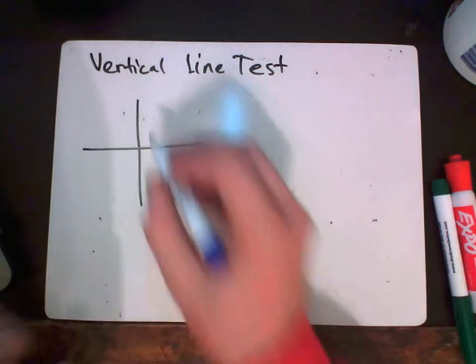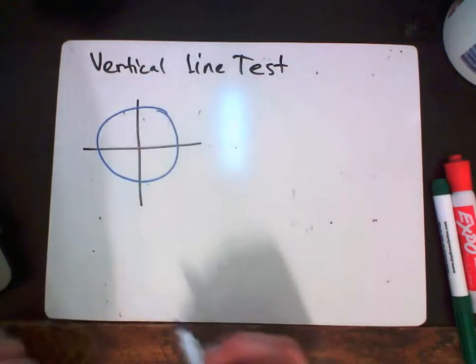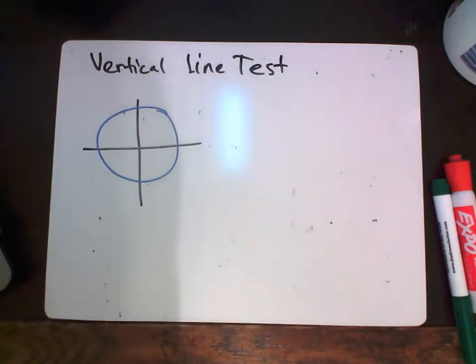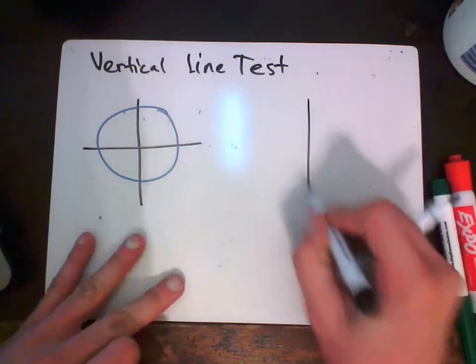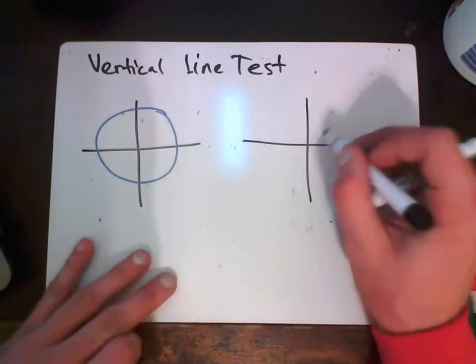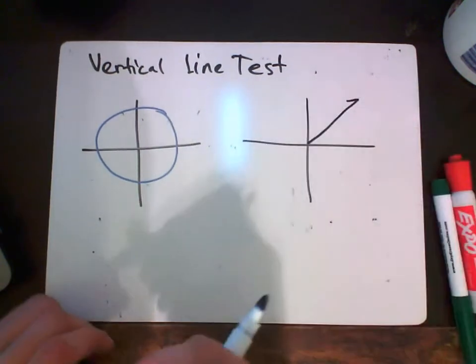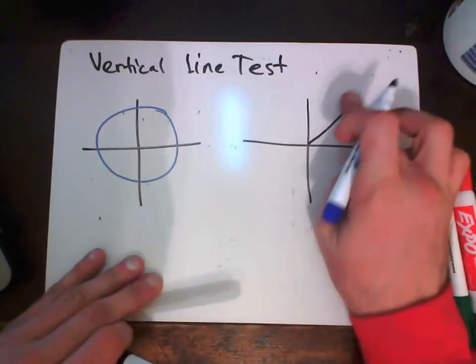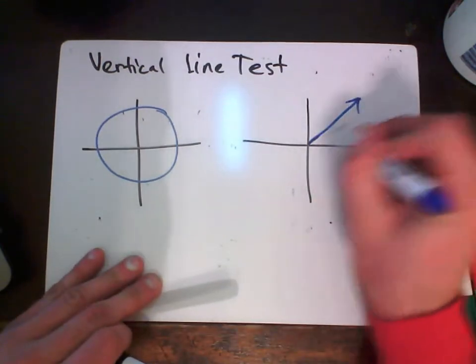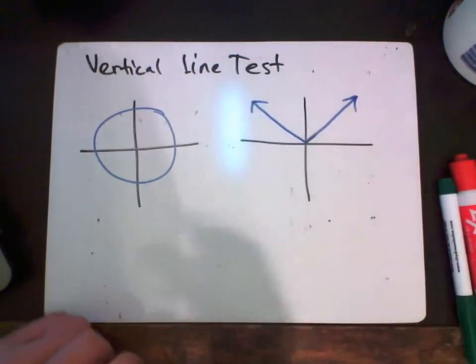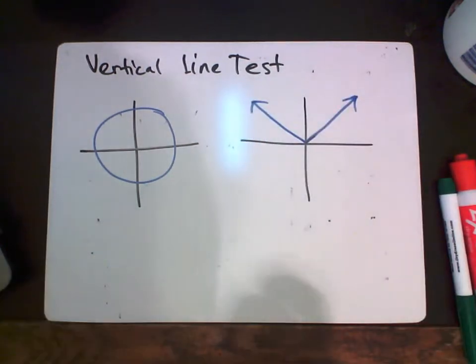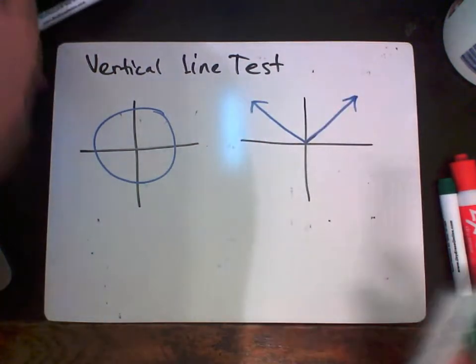Here's a function that can be graphed easy. Circle. And let's put another one down. Alright, I keep forgetting I want to use my other color. So I've got two different graphs here. Circle and just some lines.